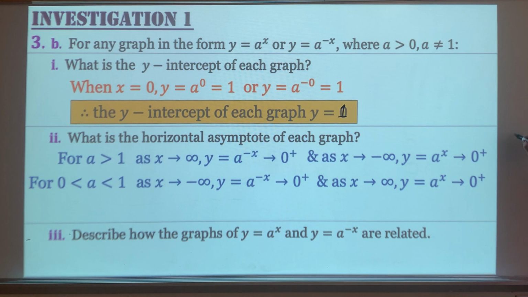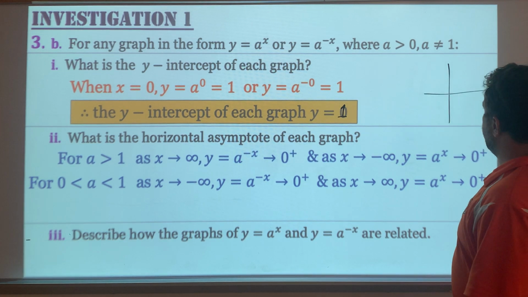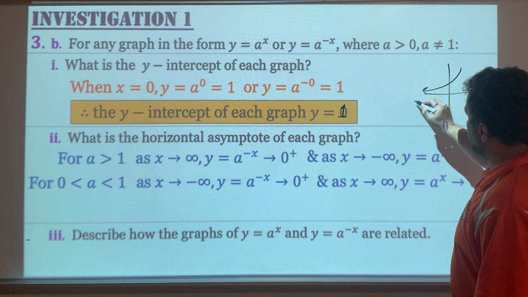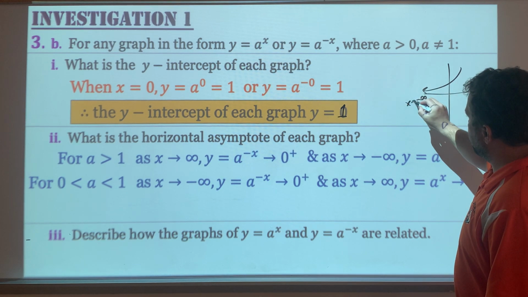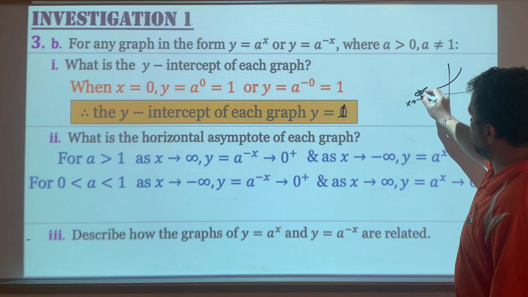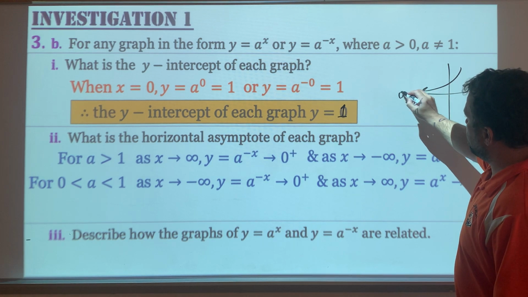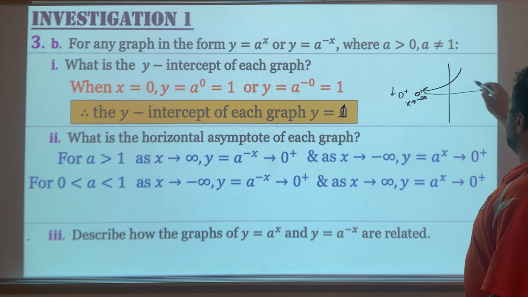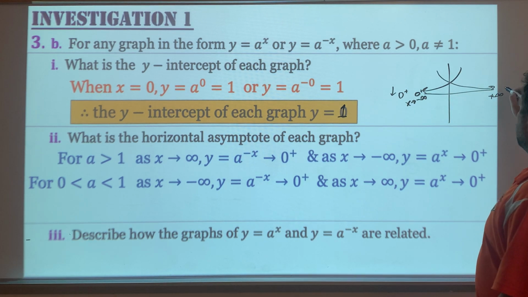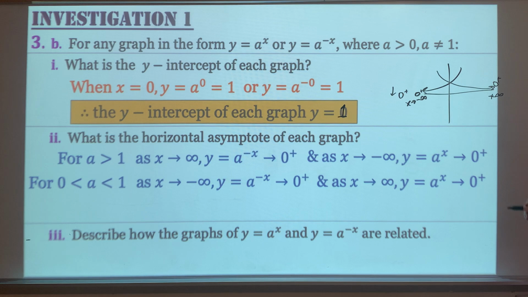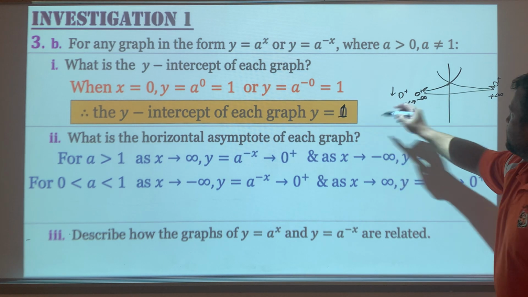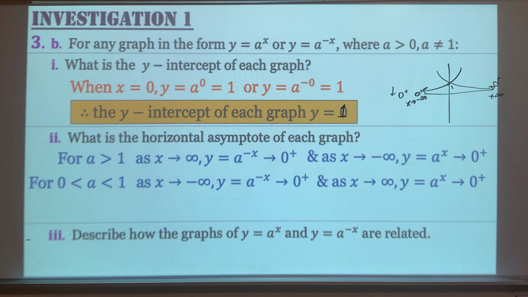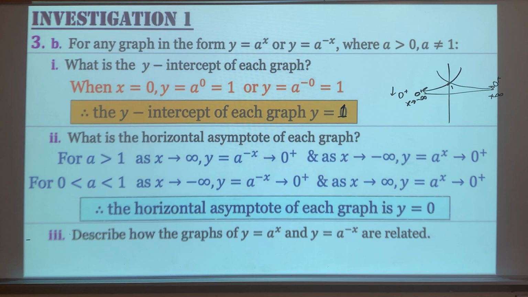All that means is that if I have a graph right here, as I'm approaching negative infinity, it's approaching 0 plus. 0 plus means 0 from the top. As I'm approaching positive infinity, it's approaching 0 from the top. And then this right here is always going to be 1. Horizontal asymptote of each graph, y equals 0.